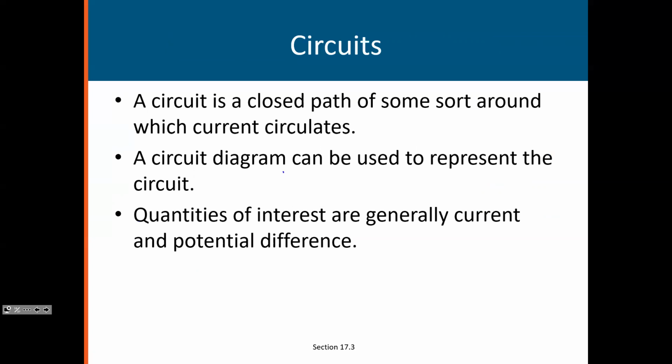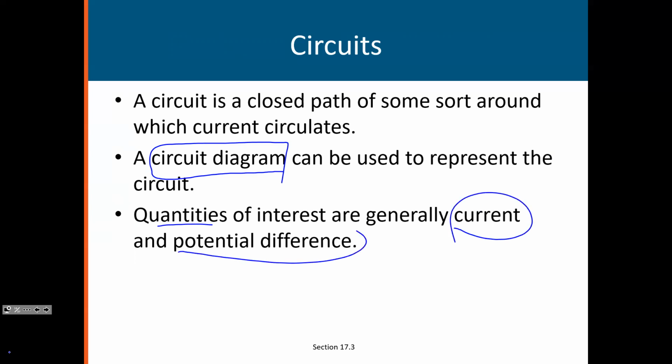We can use what is called a circuit diagram to represent the circuit. In a circuit, we have some quantities that are of interest to us: the current and the potential difference. We should be able to measure them to understand the circuit.